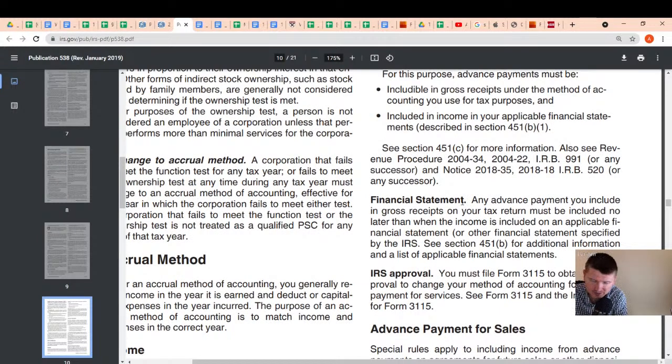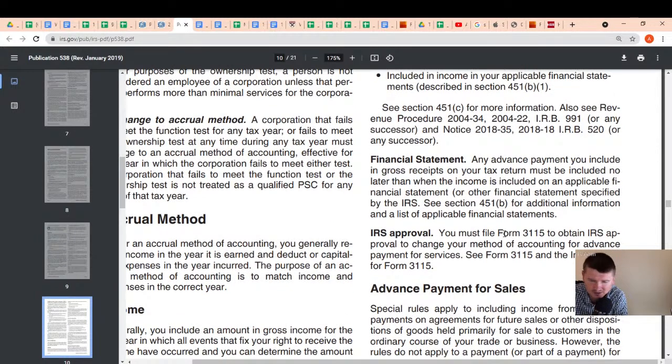Okay, financial statement. Any advance payment you include in gross receipts on your tax return must be included no later than when the income is included in your applicable financial statements or other financial statements specified by the IRS; see the section for additional information and the list of applicable statements.